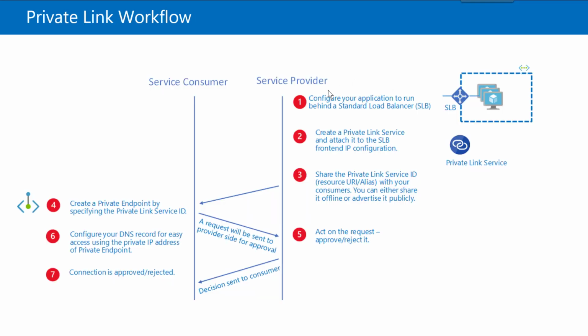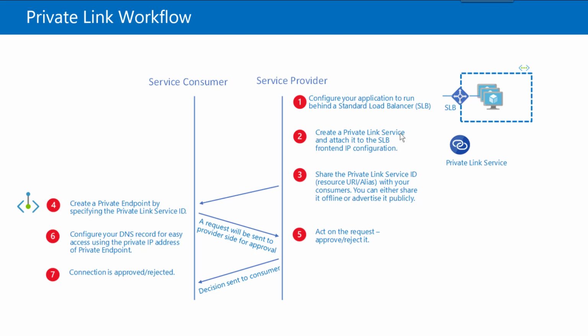So what is the flow of it, how does it work? On the left side are the service consumers, and on the right side is the service provider. In this example, the service provider has configured an application running in the VMs, and you are using a standard load balancer.